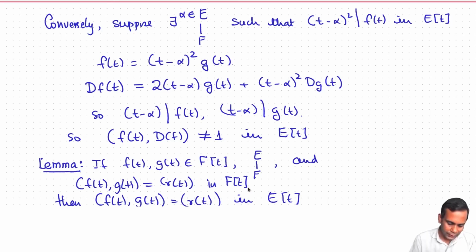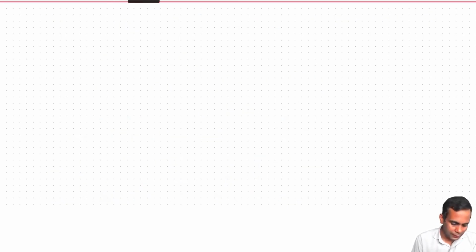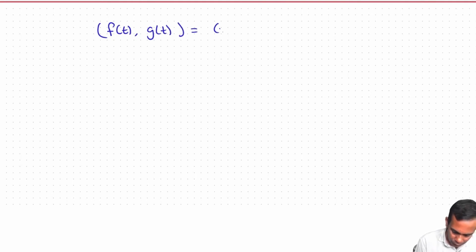The proof of this is not very hard. It mostly just proceeds by thinking about what it means for these two ideals to be equal. So what we have is that we know (f(t), g(t)) is equal to (r(t)) in F[t], in the smaller field, and we want to establish the same result in E[t]. So what does this mean? This is the same as saying that r(t) lies in the ideal generated by f(t) and g(t). Maybe I'll just do one way.